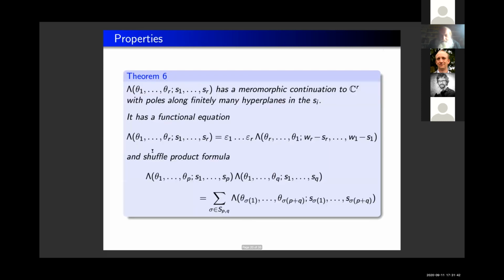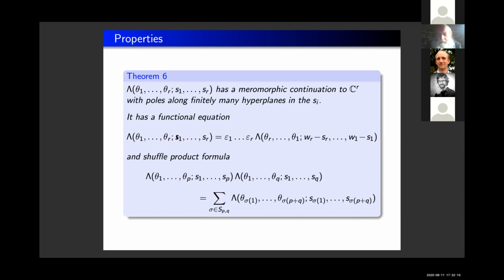Great. So here's a theorem that's, I'm sure, obvious to many of you who know about iterated integrals. It's not a very difficult theorem at all. This multiple mixed L function has a meromorphic continuation to the complex plane in R variables with poles along only finitely many hyperplanes in the s_i, and you can write down what the poles are and what the residues are and so on. It has a functional equation.